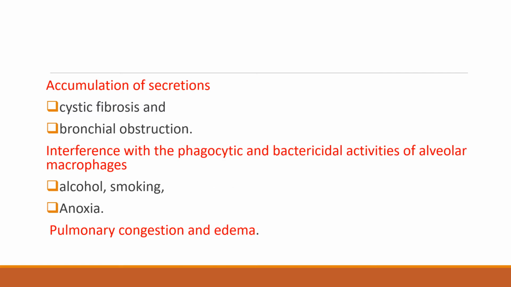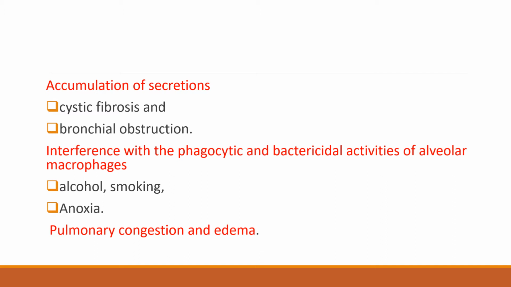Then accumulation of secretions. So that is seen in cystic fibrosis. Cystic fibrosis is caused by a mutation in the CFTR gene, and this gene encodes the CFTR protein that regulates the movement of chloride and sodium ions across the epithelial cell membrane.